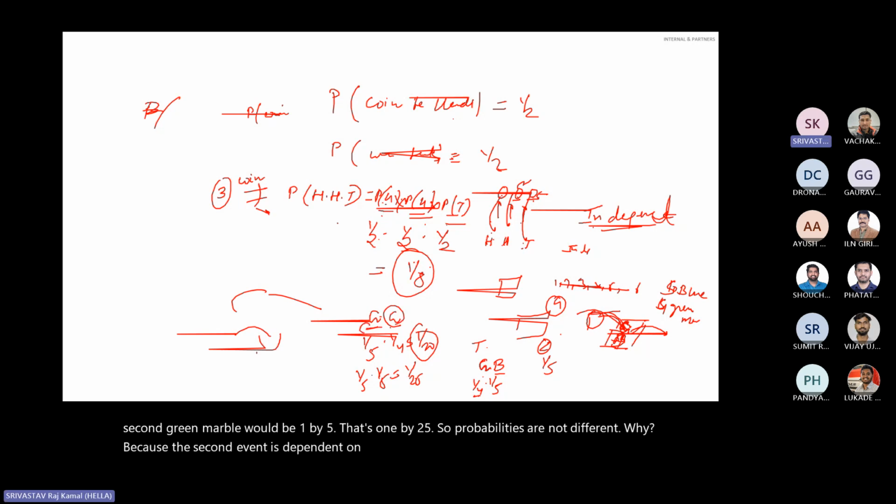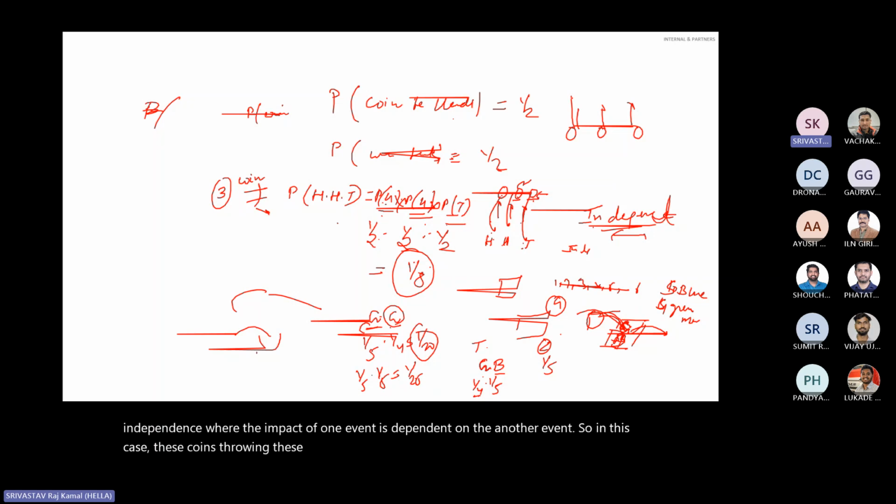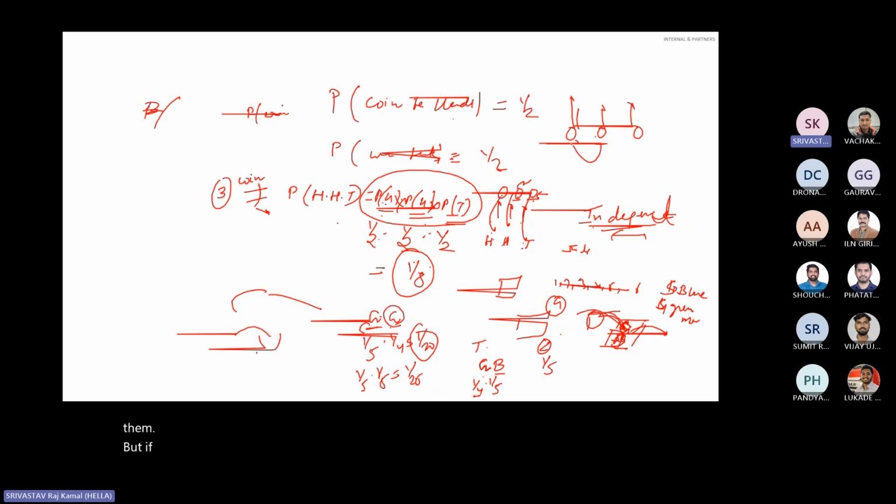So they are not independent of each other. I just wanted to convey the meaning of independence, where the outcome of one event depends on another event. In this case, throwing these coins has no relation, so you can multiply them. But if one event depends on another, you cannot directly multiply them.